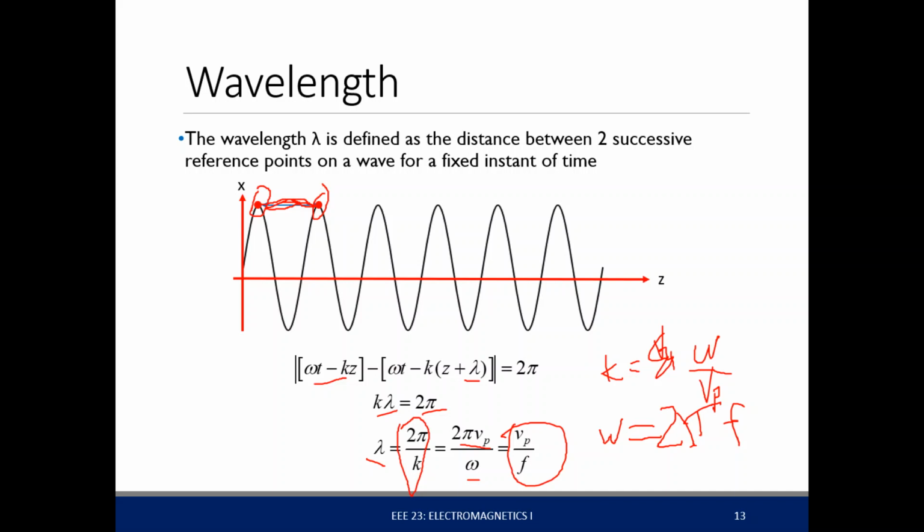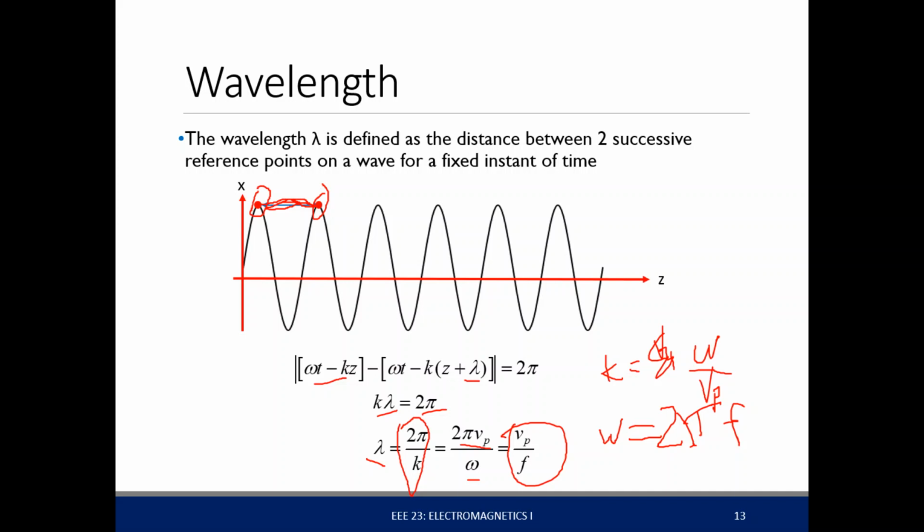Basically, the wavelength of the wave is dependent on the phase velocity and the frequency of the wave, or the frequency of the excitation of our electric field.